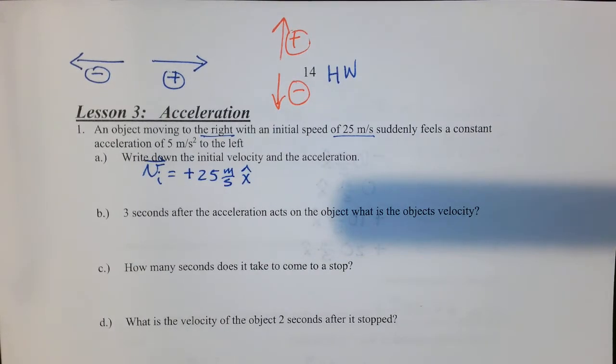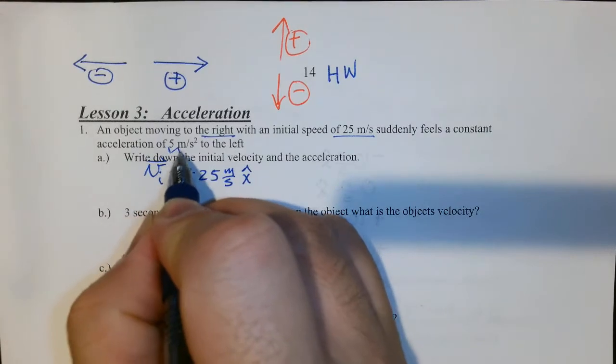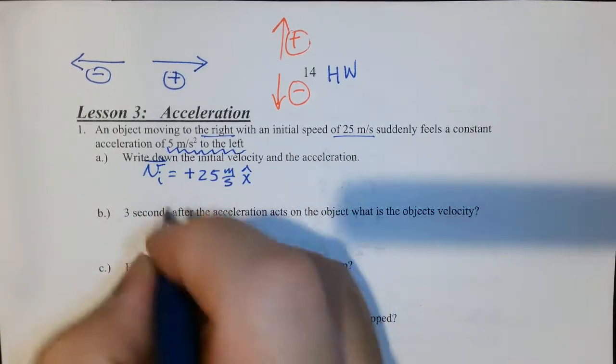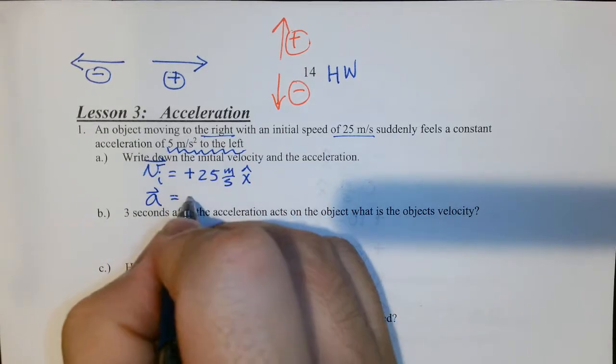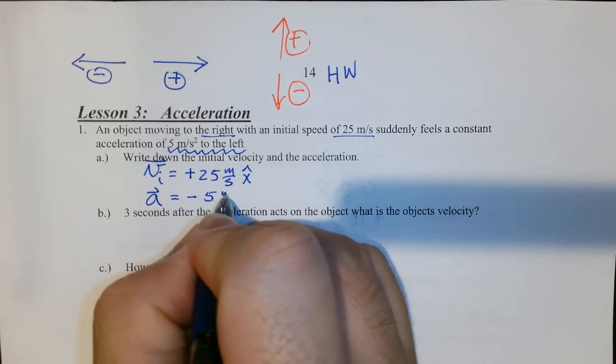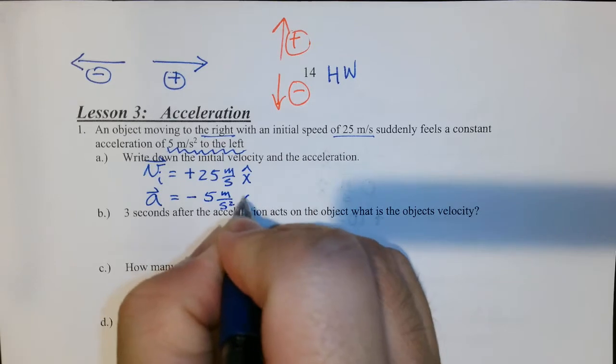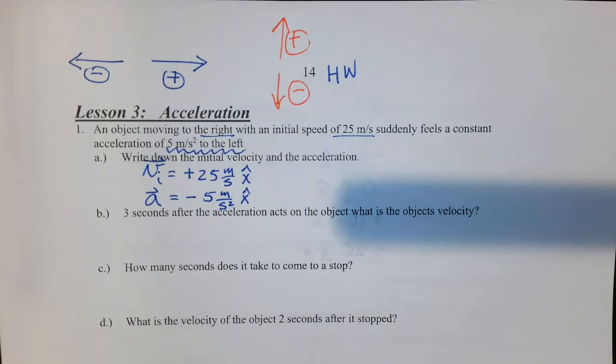Then it suddenly feels a constant acceleration of 5 meters per second squared to the left. So we have acceleration of negative 5 meters per second squared x hat. Write down the initial velocity and the acceleration. Boom, that's done.